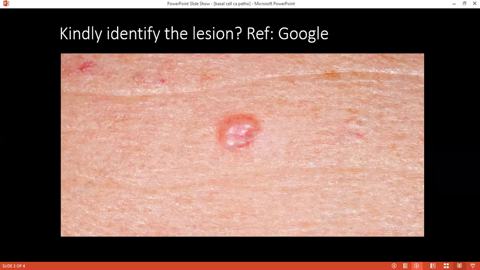Then we have to send for histology, or we can even send for Mohs surgery at the same time.